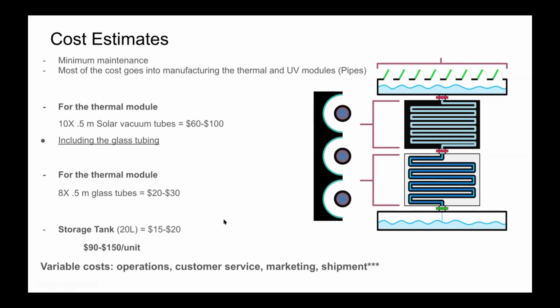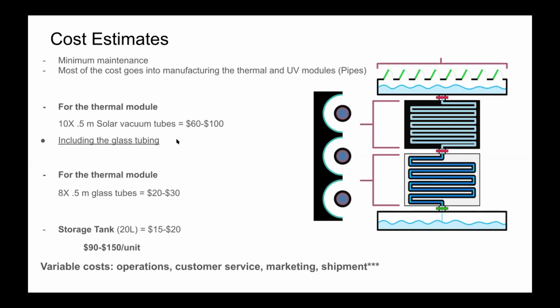And for the fixed ones, we chose 10 pipes for the thermal modules, and most of the cost goes into manufacturing the tubing system for the two modules, the thermal and the UV.